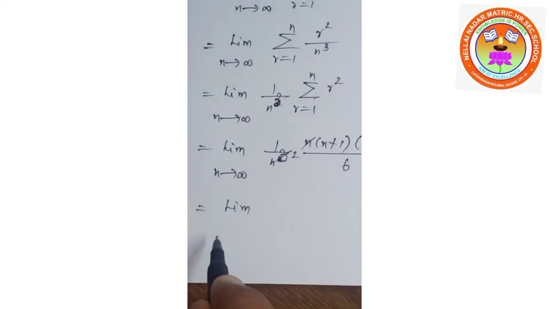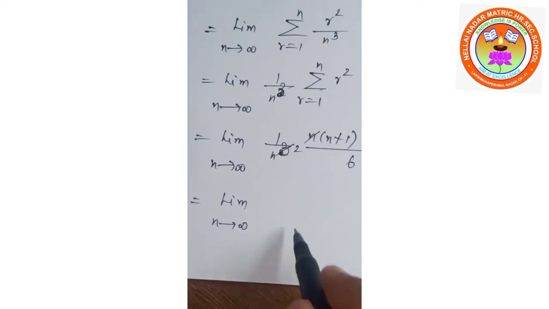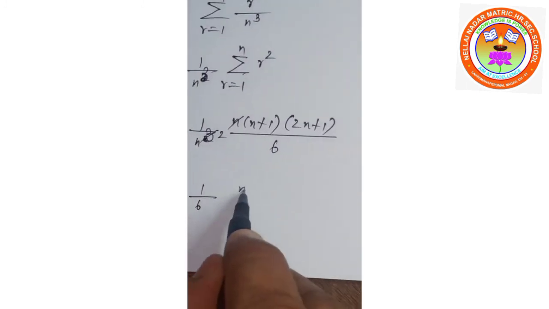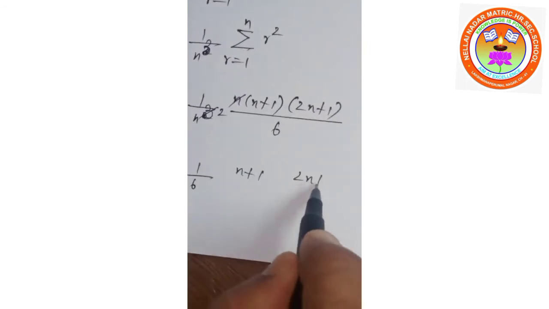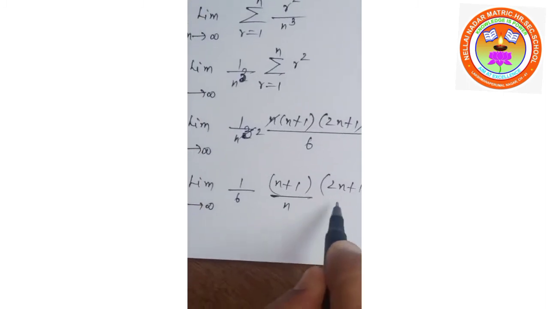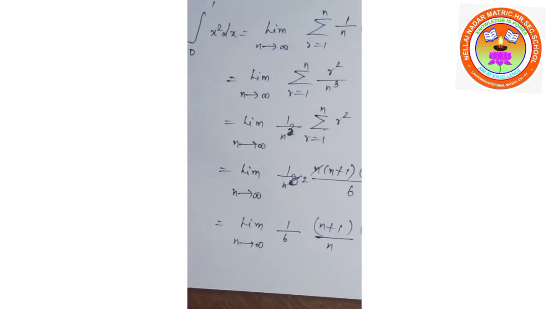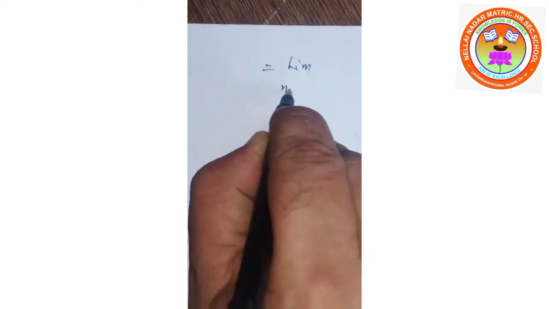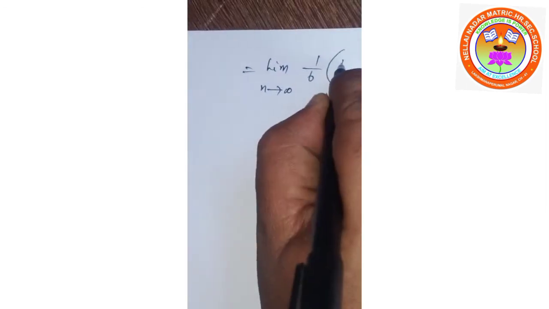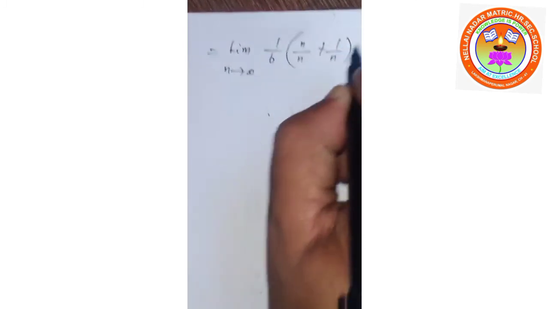So limit n tends to infinity, write the constant 1 by 6 first. After that, next step, (n plus 1) and (2n plus 1) divided by n square. Limit n tends to infinity, constant is 1 by 6. Next step, (n plus 1) can be separated as n by n plus 1 by n.